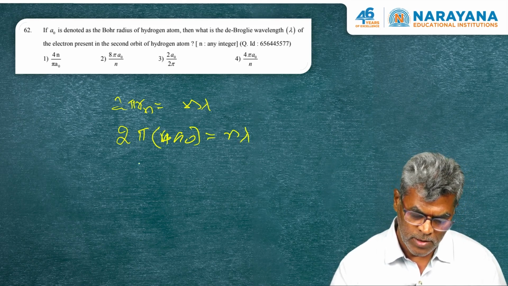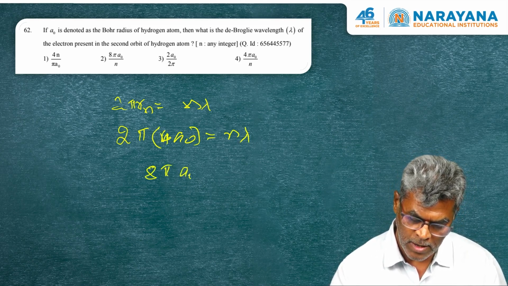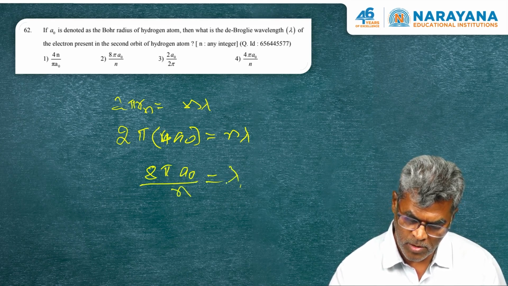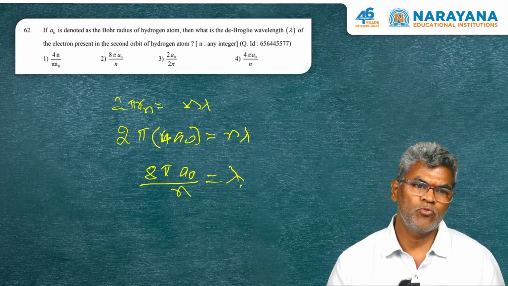So, you are going to get 8 pi a naught by n is equal to lambda. So, option will be 2.